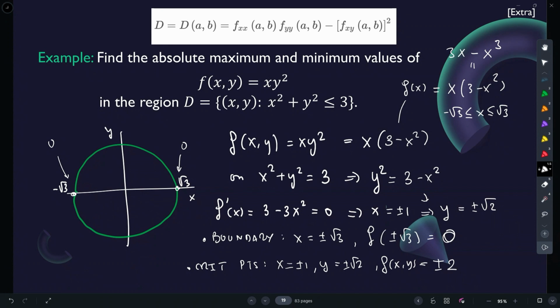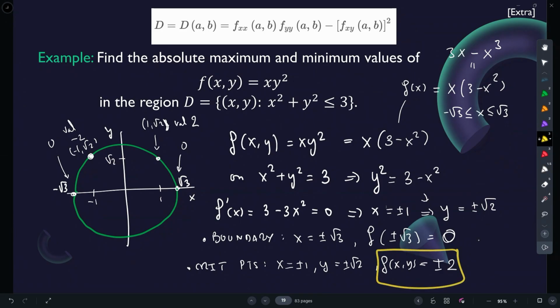So at 1 comma the square root of 2, the value is 2, while at minus 1 and the square root of 2, the value is minus 2 for the function. So these are the max and the min.